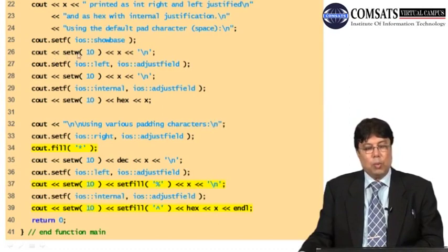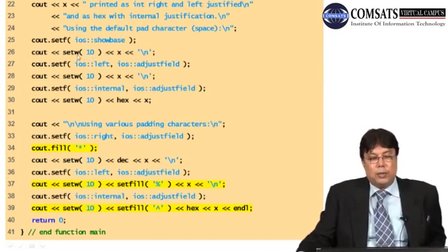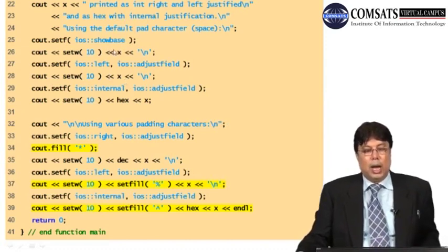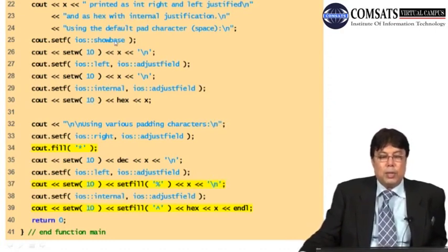Okay, it will show base, meaning radix, which base you want to see. Then you have setw 10, x, this one, and then cout setiosflags left justified and then adjustfield. Cout setw 10, x. Here you see this should be the default and this should be the value. Okay, and we have just set the showbase also here.